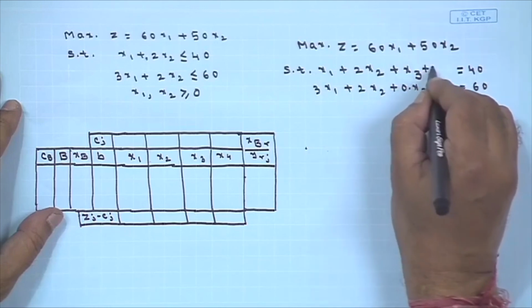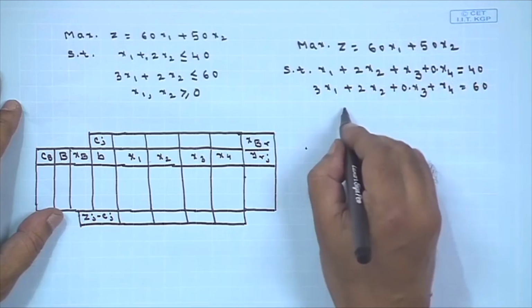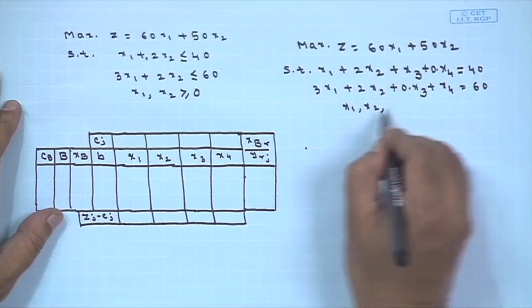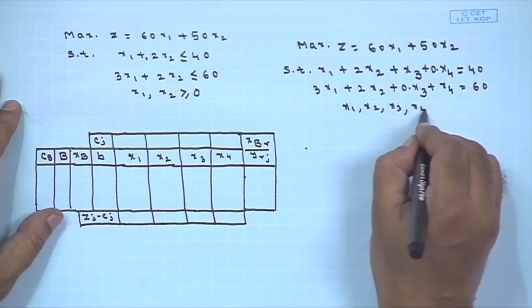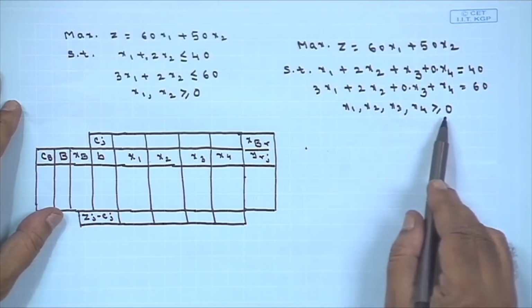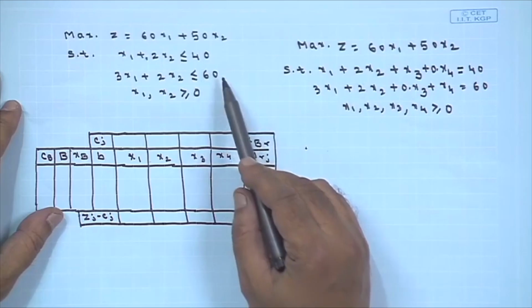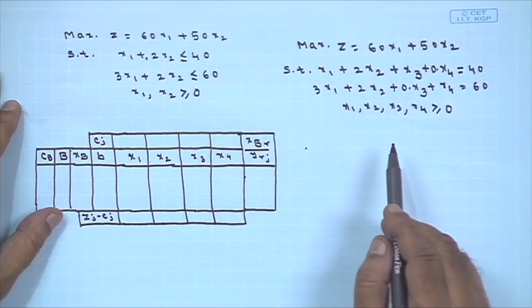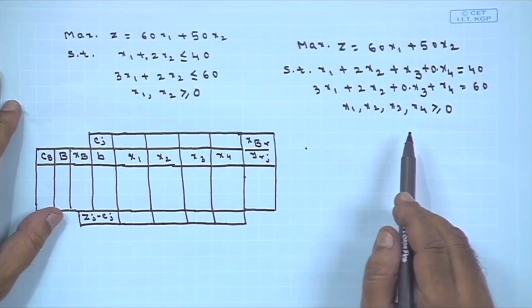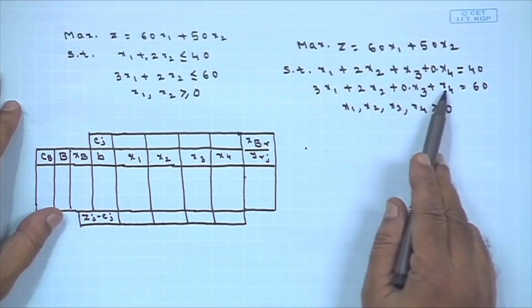Here also I can write 0 into x4, where x1, x2, x3, x4 all are greater than equals 0. So, what is happening here? Since I have 2 less than equals type inequalities, I am adding two slack variables x3 and x4.